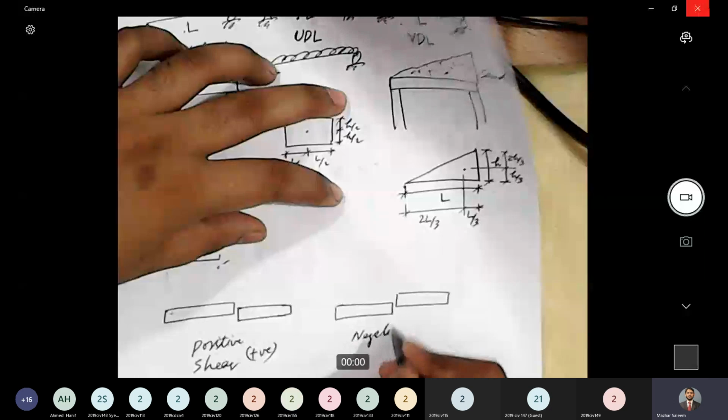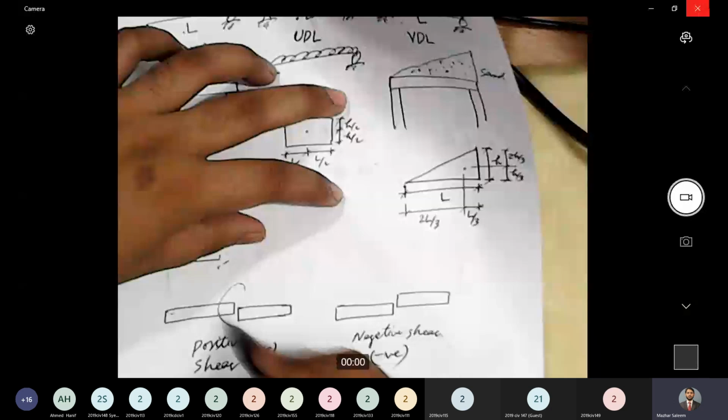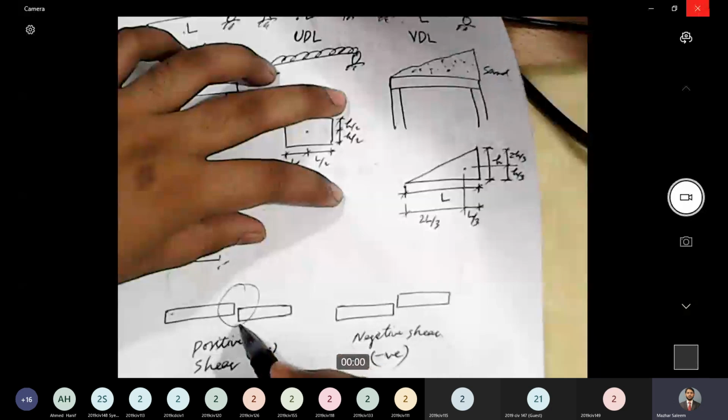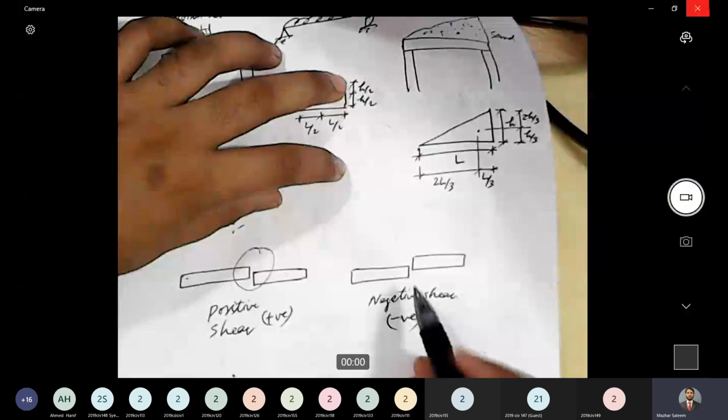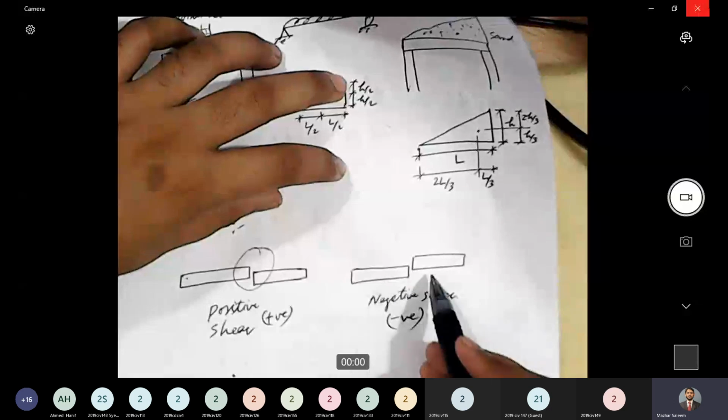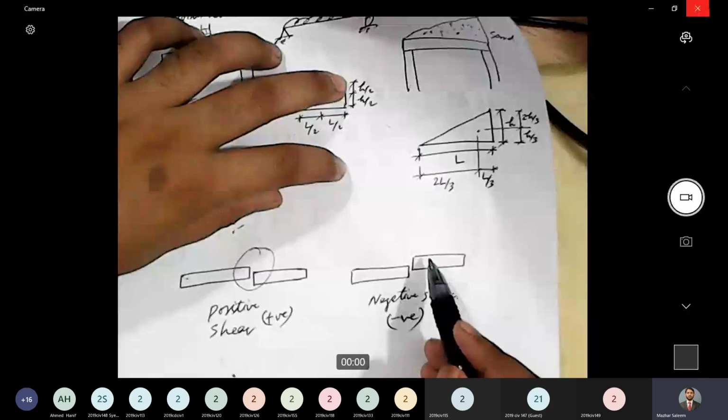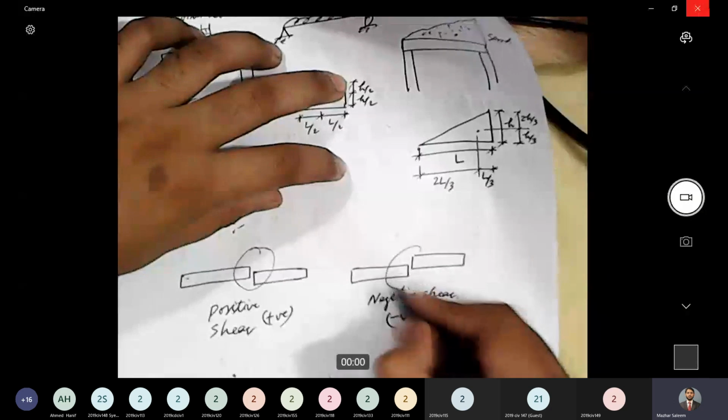So shear force is a force that tends to slide one section relative to the other. If the left part is going up and the right part is sliding down, we call this positive shear. On the other hand, if the left part has a tendency to move down and the right part has a tendency to move up, this is termed as negative shear.